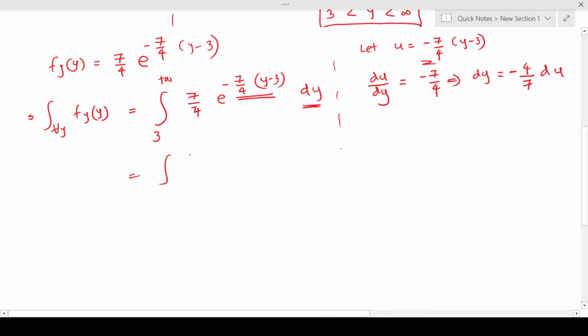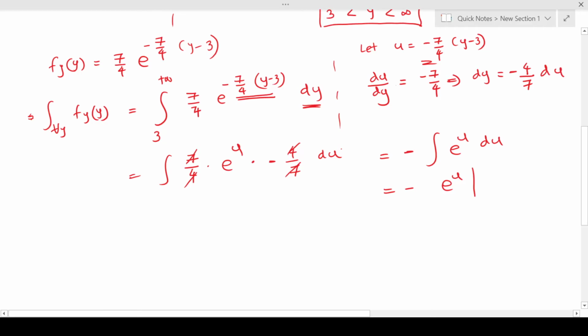So this becomes 7 over 4 multiplied by, instead of e to the power of this whole thing, e to the power u, and dy is negative 4 over 7 du. This 7 and this 7 cancel, this 4 and this 4 cancel, and you are left with negative integral of e to the power u du. The integral of e to the power u is e to the power u, evaluated between some limits.